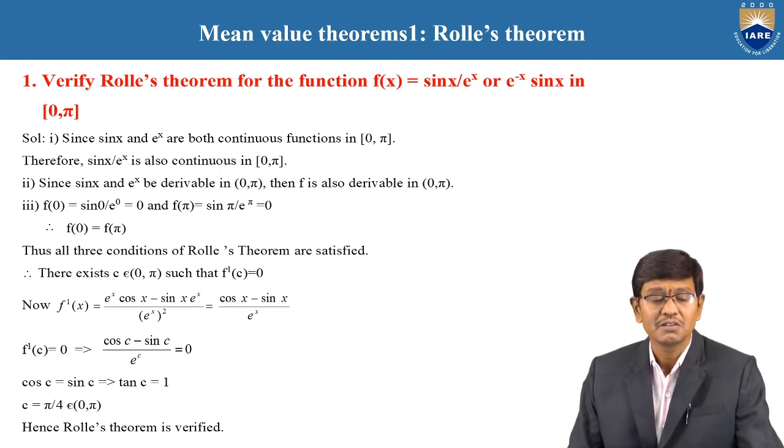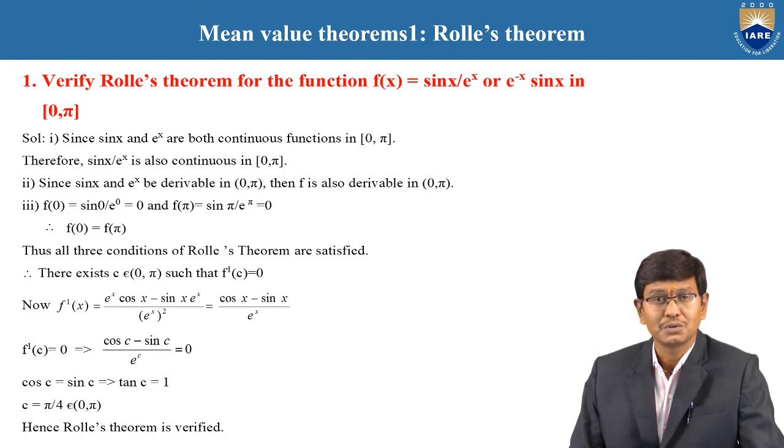And the third condition, we need to check whether f(a) is equal to f(b) or not. Here the point a is 0 and b is pi. With the help of a and b, f(a), that means f(0), is equal to 0, because sin 0 into e^0 is 0. The value of sin 0 is 0, therefore 0 into something is also 0.